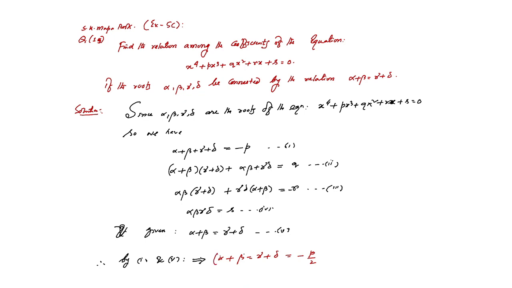Because alpha plus beta equals gamma plus delta, we put it here, so 2 into alpha plus beta equals minus p, so alpha plus beta equals minus p by 2. Therefore by 2, we put the alpha plus beta, gamma plus delta value here, so minus p by 2 into minus p by 2.